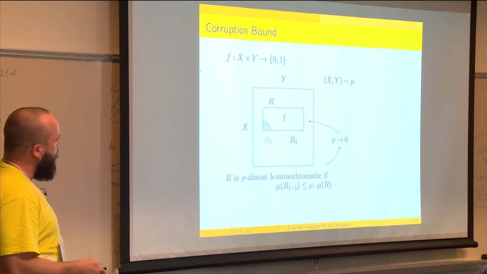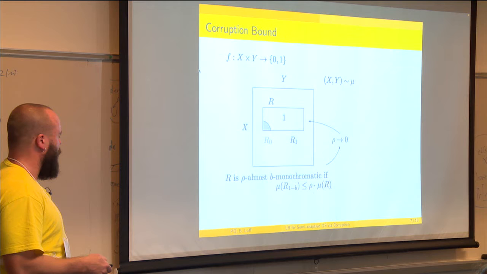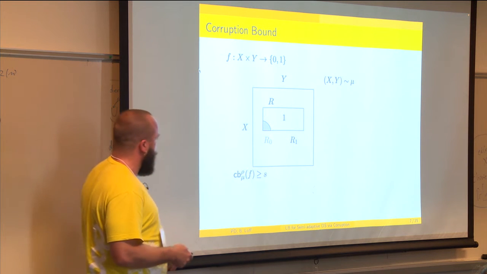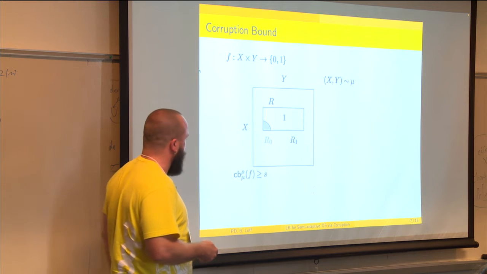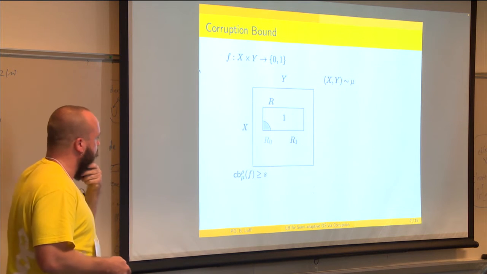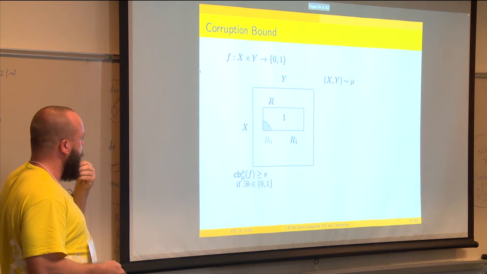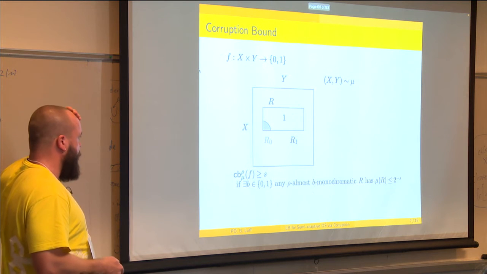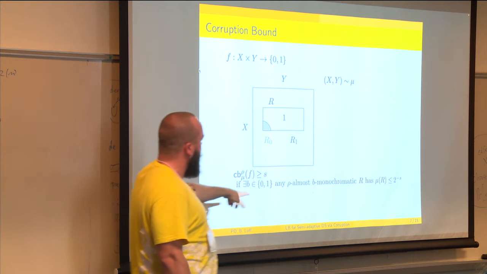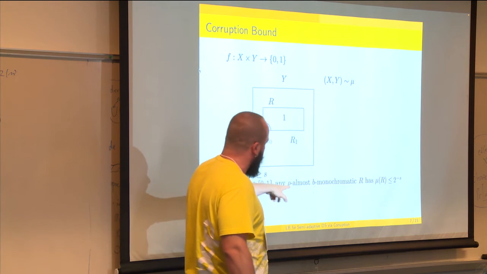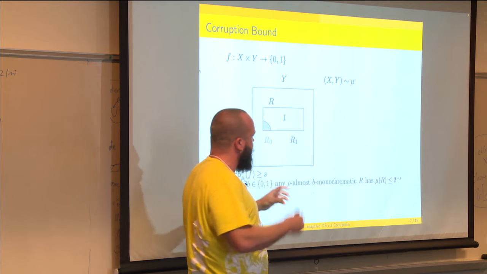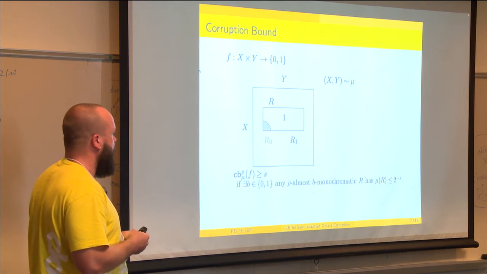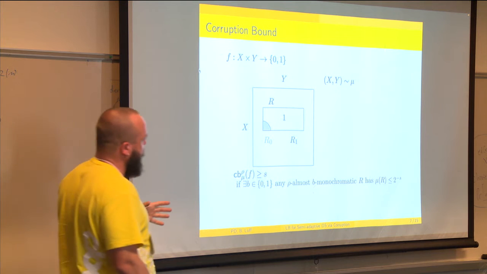So this is the notion of almost monochromatic rectangles, and we say that the function has corruption bound under the distribution mu at least S if there is b equal to 1 or 0 such that any rho-almost b-monochromatic rectangle has size, again measured by the distribution, at most 2 to the minus S.